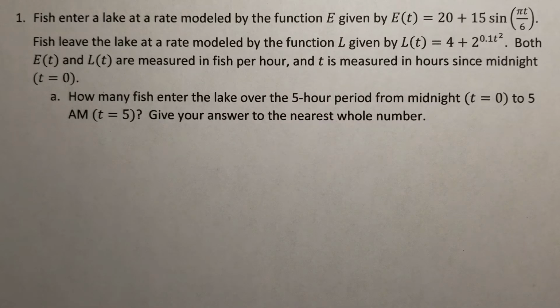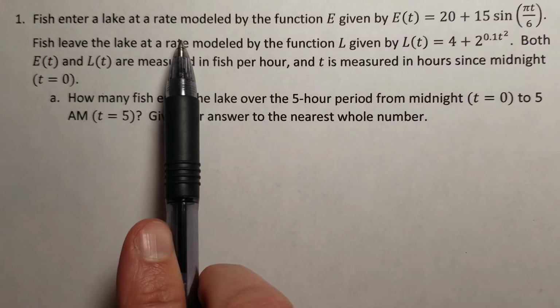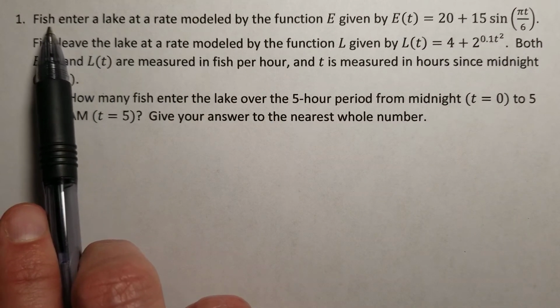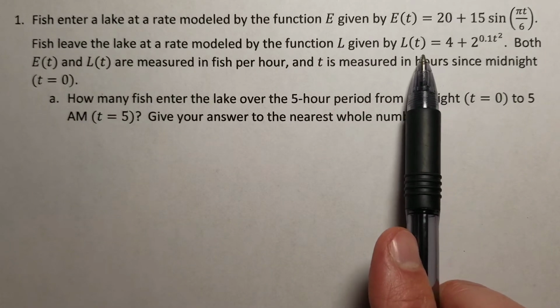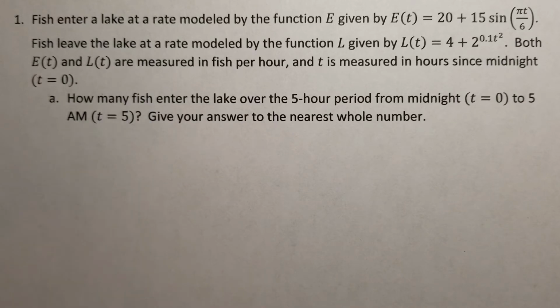So reading through this, I see two different functions, E of t and L of t, where E of t is a rate that models how fish enter the lake, and L of t is a rate of fish leaving the lake.